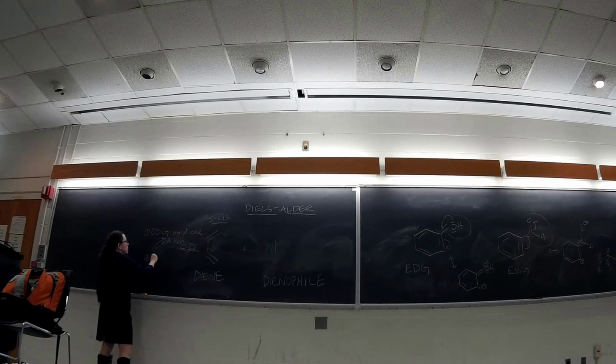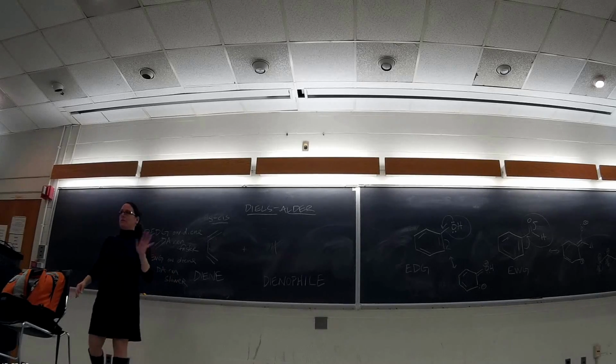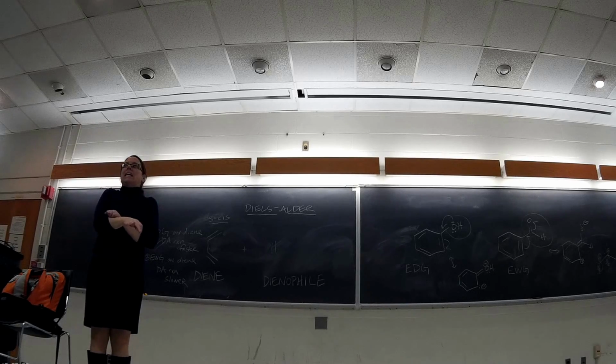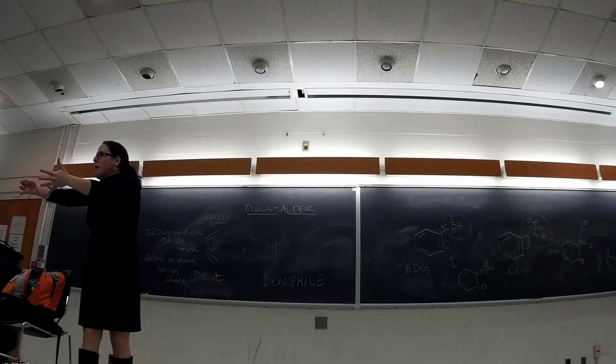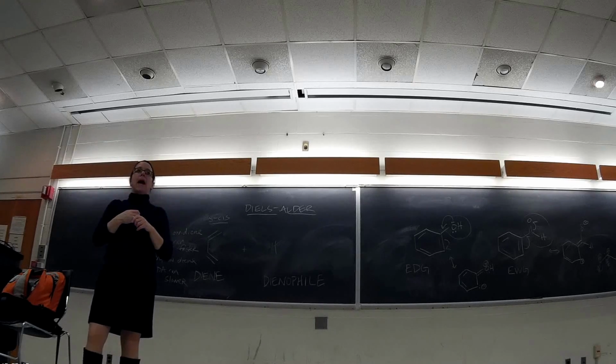And correspondingly, when I stick electron withdrawing groups on the diene, my Diels Alder reaction is slower. So this evidence, based on reaction rate, tells me that the diene is what's doing the initial pass of electron density in my pericyclic concerted reaction.